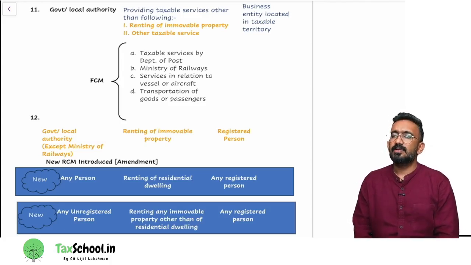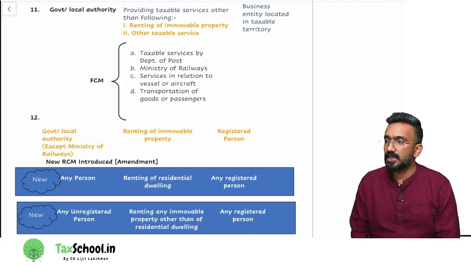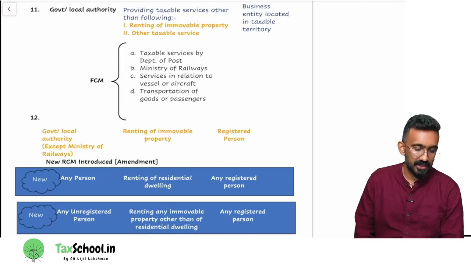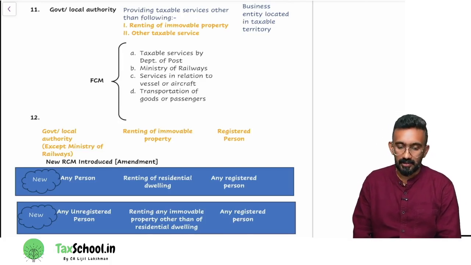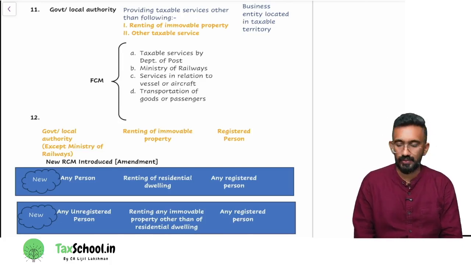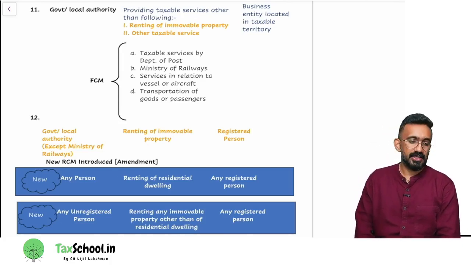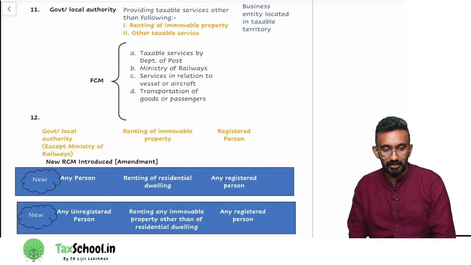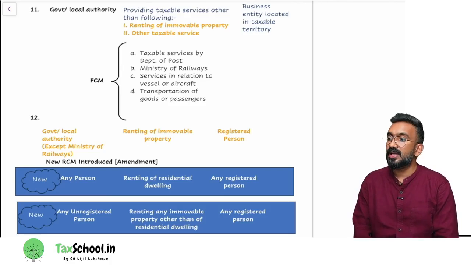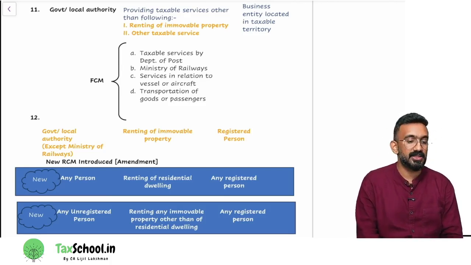They said government or local authority, except Ministry of Railways, if they rent immovable property to a registered person, is under RCM. Now they made an amendment to that and said any person renting a residential dwelling, residential house, to any registered person would be taxed under RCM. Then they made one more amendment and said any unregistered person renting any immovable property other than a residential dwelling to a registered person is under RCM.